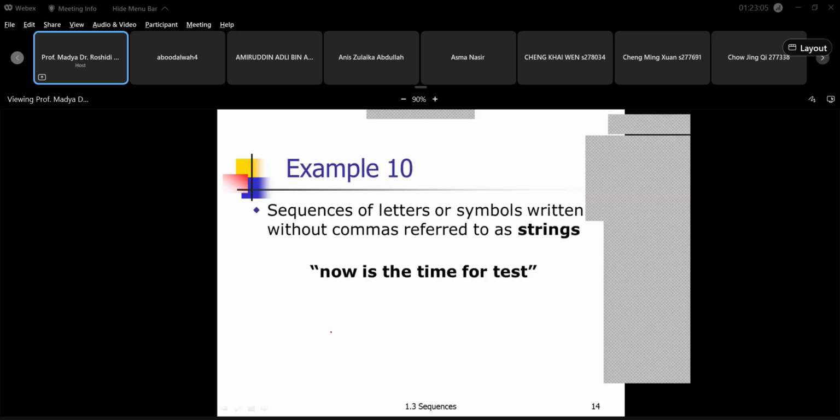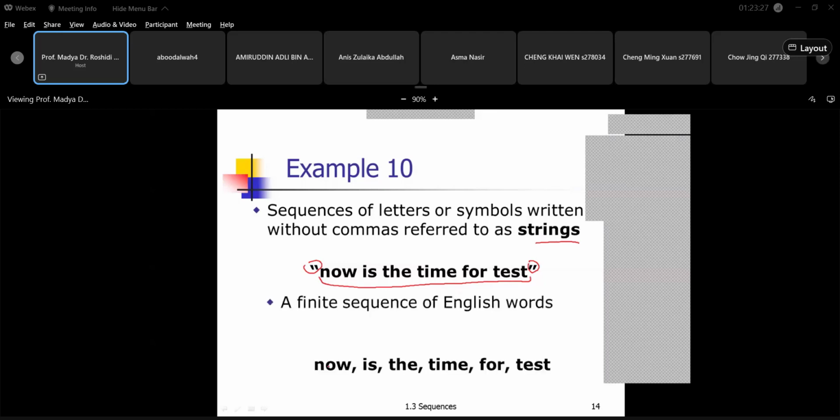Then how about a string? String here means one sentence. How do we represent this string? Normally we utilize this symbol. In discrete, we need to represent this sentence through words, like here, "now is the time for test."